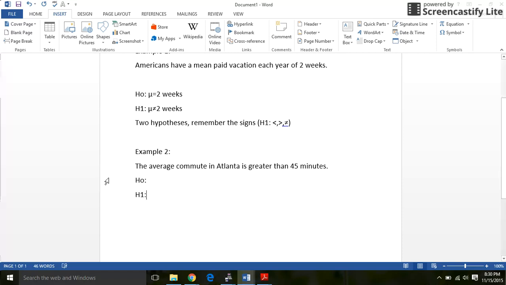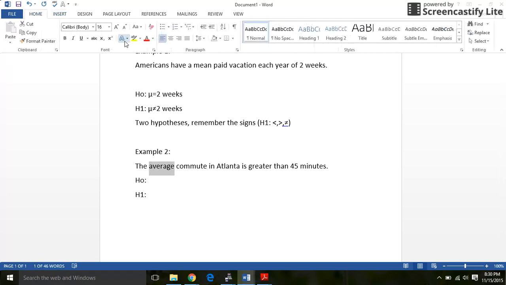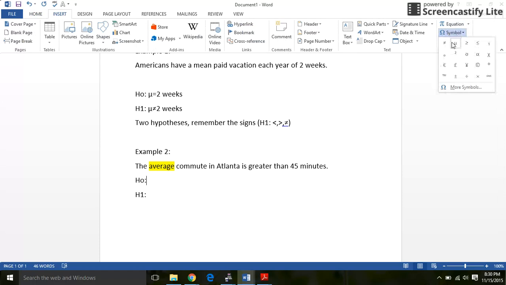Okay. So because it tells me the average commute here, I know it's a mean, so I can go ahead and put those means in there. So there, I'm going to do mean there and then mean there. But now I have a greater than scenario because it's saying it's greater than 45 minutes.